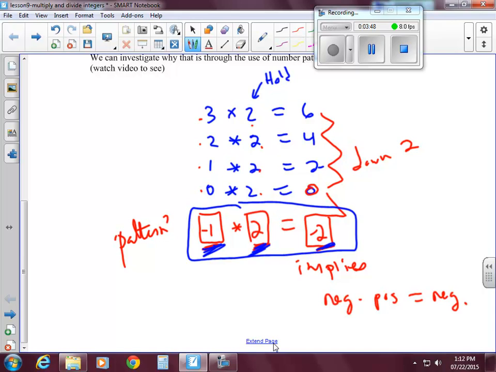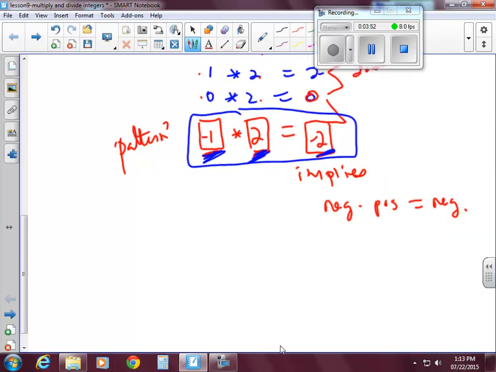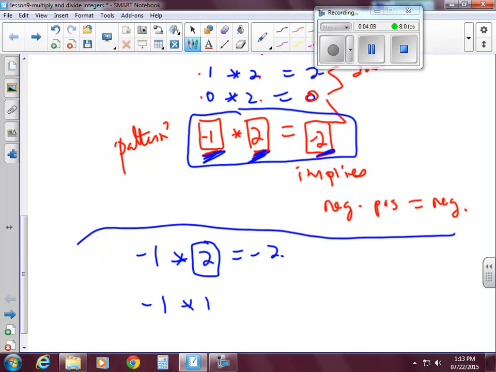And in a very similar manner, what you can do then is extend that from there. Okay, now if you believe that -1 times 2 is -2, then what you can do is start changing this number. Take it down by 1. Okay, -1 times 1 would have to equal -1, because anything times 1 is itself.